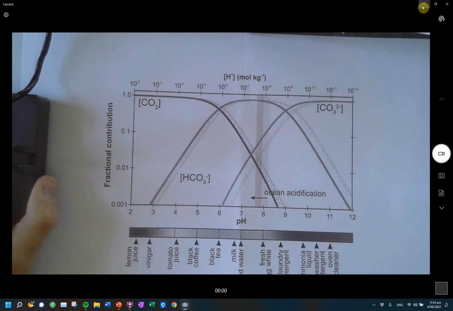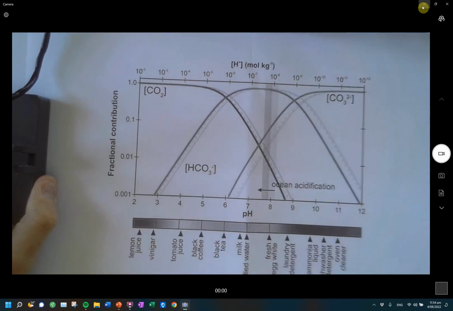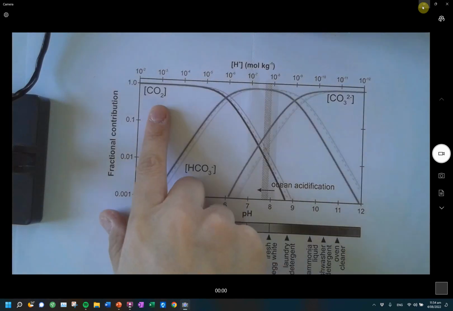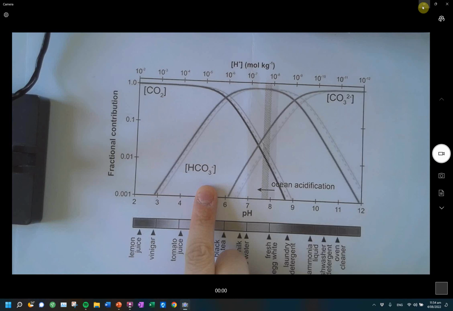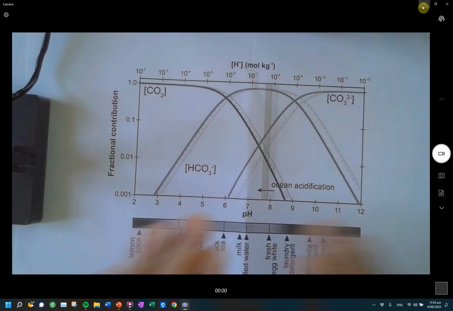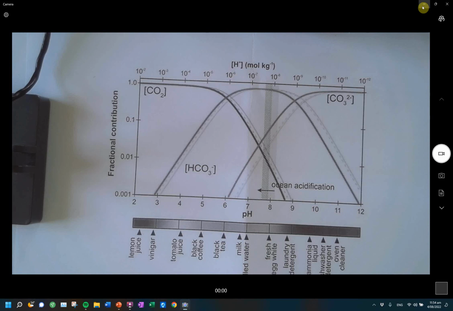I really like this diagram because remember how there's multiple steps in that equilibrium equation? There's the carbon dioxide, there's the bicarbonate, and then there's the carbonate. Because there's so many different components to it, and it's really affected by pH because that buffer is trying to release hydrogen ions, accept hydrogen ions to maintain it, at different pHs, you'll have different concentrations of the different components.